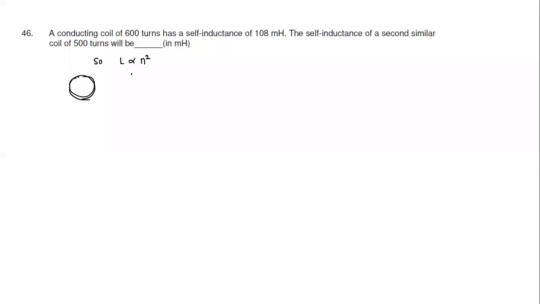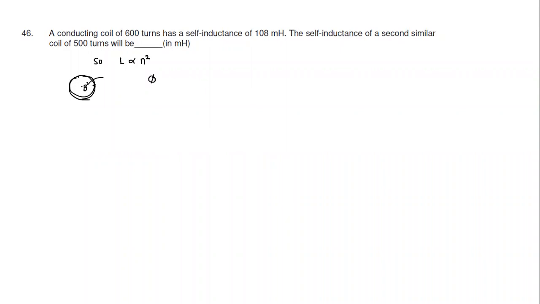Basically, when we calculate L, it depends on phi for the same value of current. If there's a field due to one loop, if the number of loops becomes n times, the field also will increase by n times.